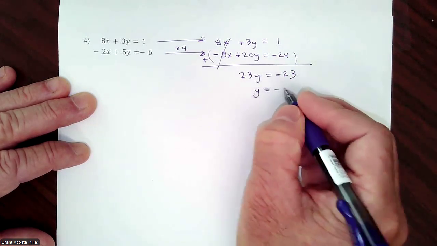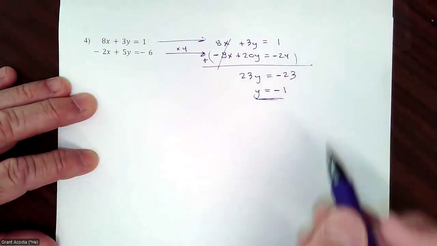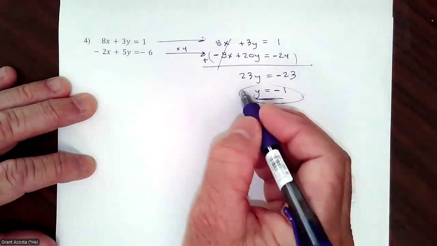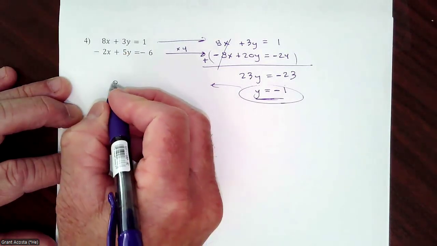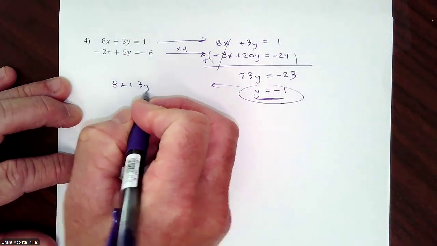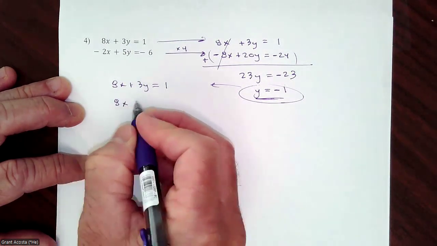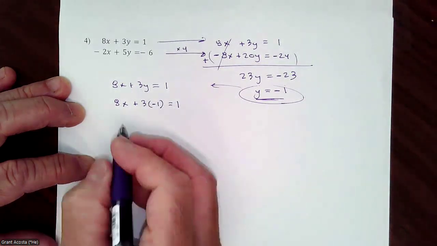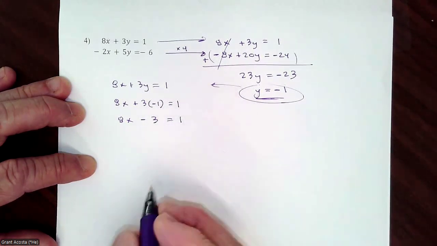Divide both sides by 23, and I get y equals -1. And so then I would plug this into either equation. I don't like the one with negatives, so let's plug this into 8x plus 3y equals 1. So 8x plus 3 times -1 equals 1. 8x minus 3 equals 1.